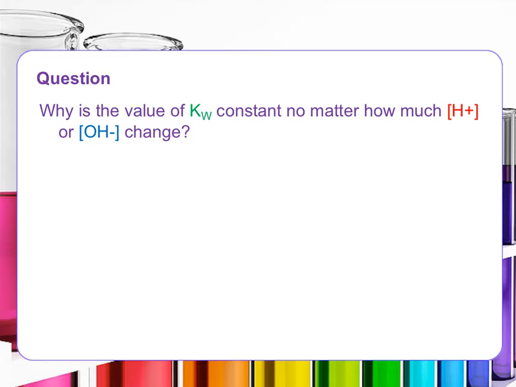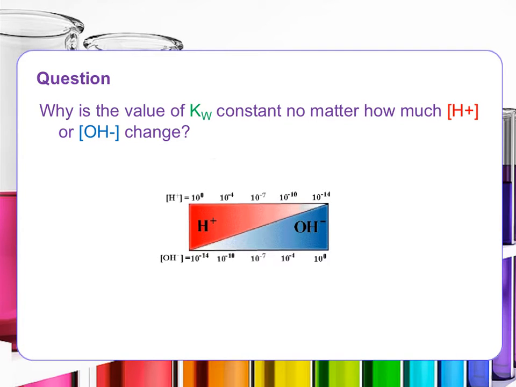So let's think about this. Why is the value of Kw constant, no matter how much H plus or OH minus there is, or how they change? Well, let's have a think. So as you can see in this picture, when the value of H plus is a lot, we've only got a tiny amount of OH minus. And when we've got a large concentration of OH minus, we've got a tiny percent of H plus.